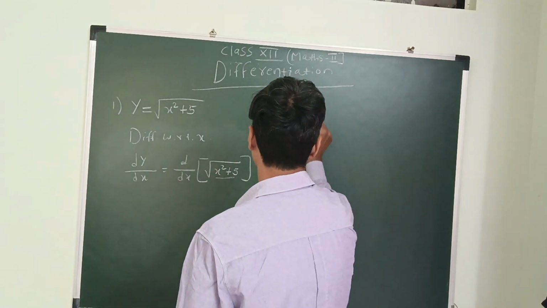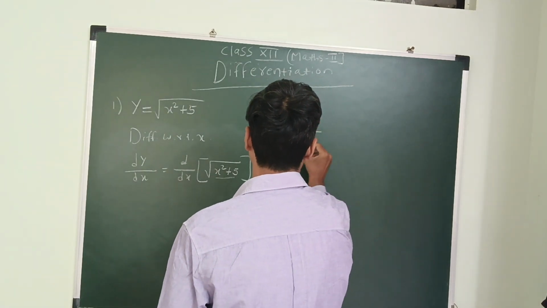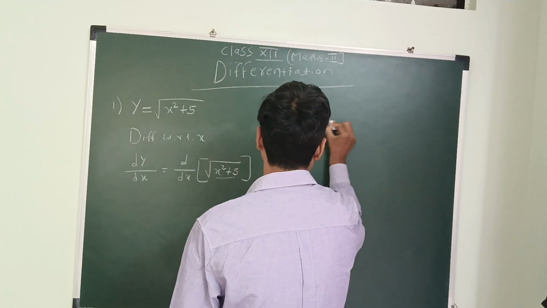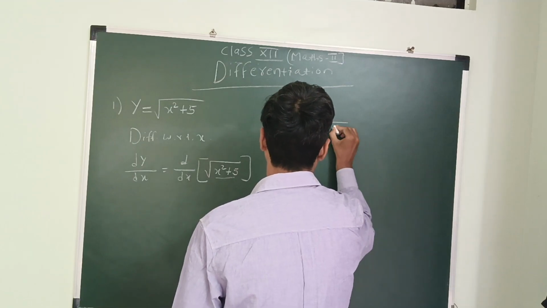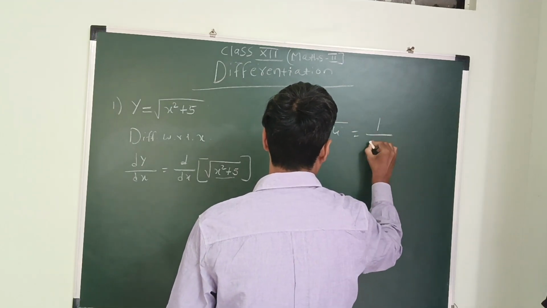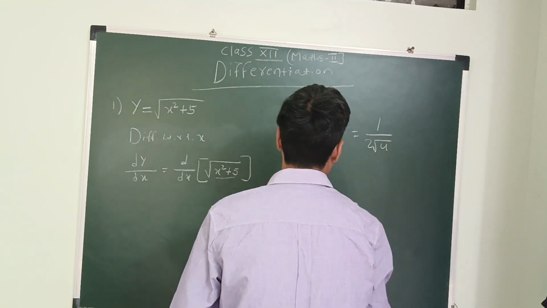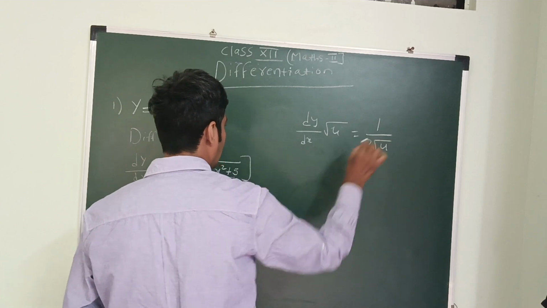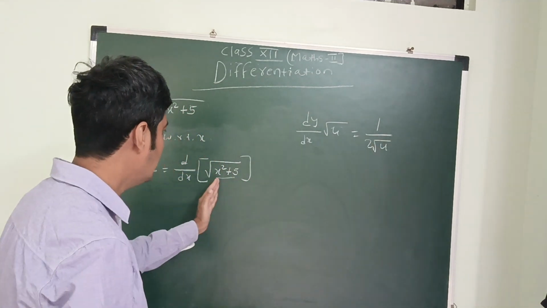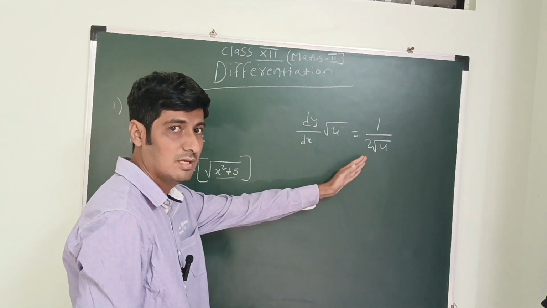What is the derivative of square root of u? It is 1 upon 2 square root u. So let's write this equation in this form.